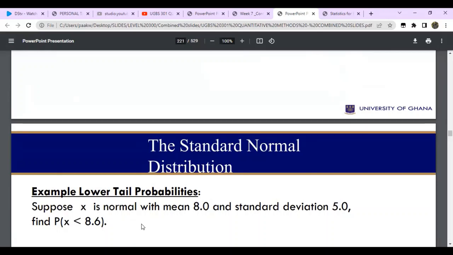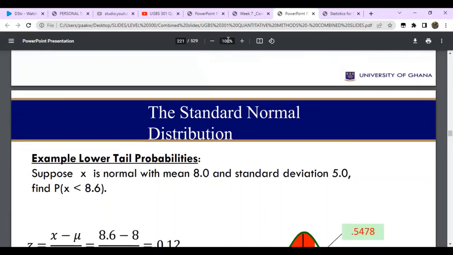So it will be x is what? 8.6 minus 8. That's the mean, all over what? Standard deviation. That's the 5. So that one will give us 0.12. So we've done this one.